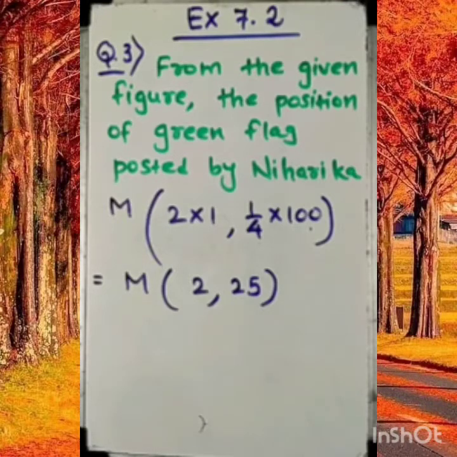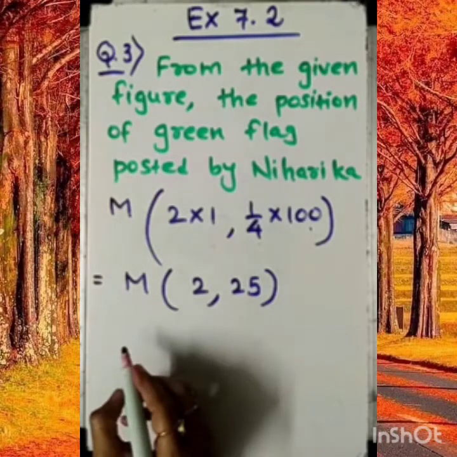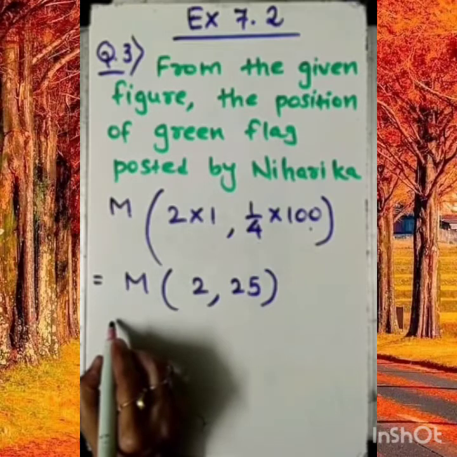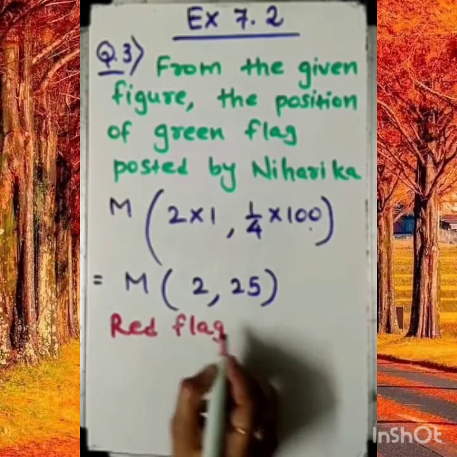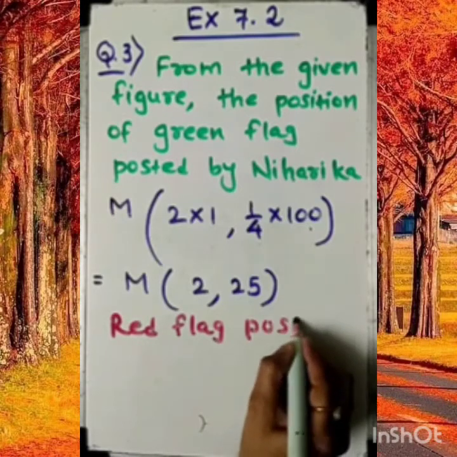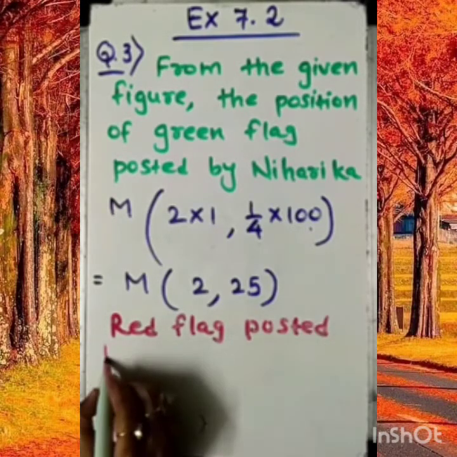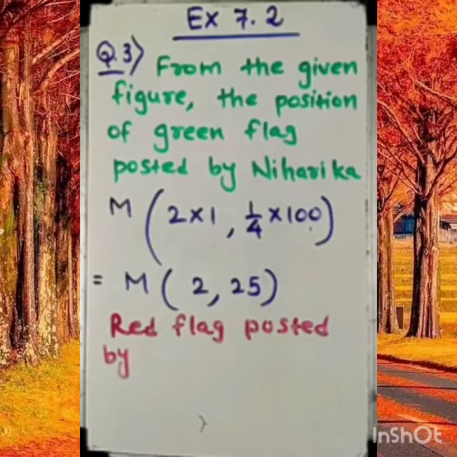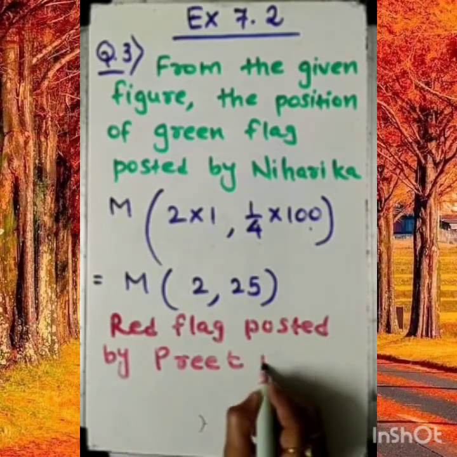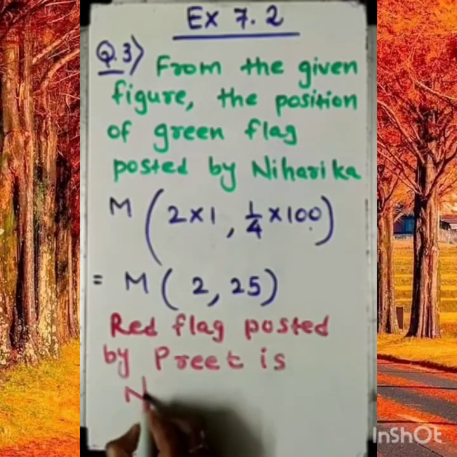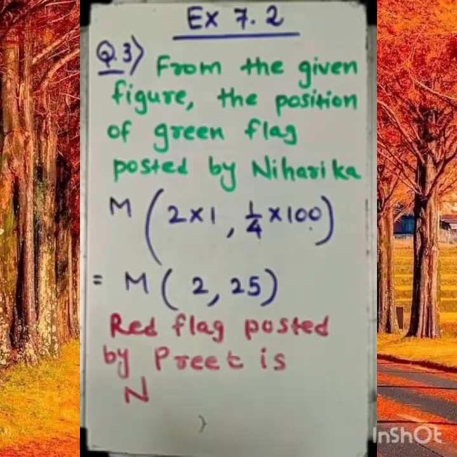Now next we are given the red flag posted by Preet. Another student's name is Preet. So we need to mention the red flag posted by the student Preet. I am considering that point as N. Then how could I find N?